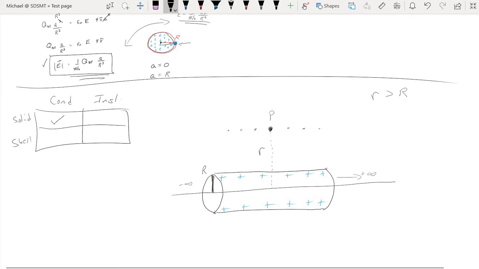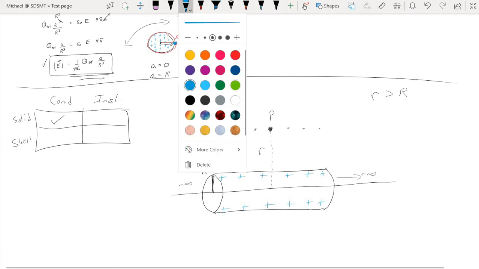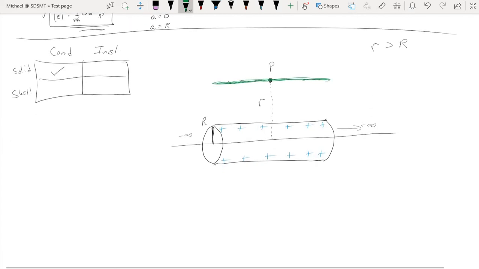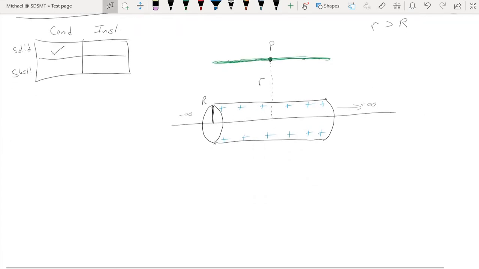And we should expect to see the same magnitude of electric field at every one of those points at a distance of little r. And so along that line, we're expecting uniform electric field, but we should see that same uniform electric field at any radius of little r.